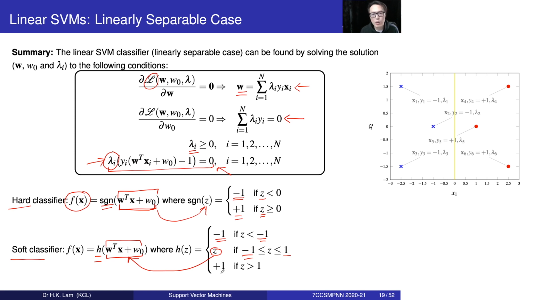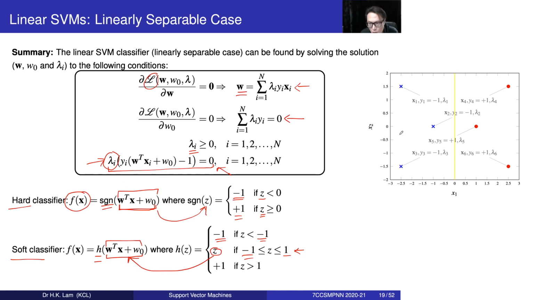That means when the z value is larger than the absolute value of 1, it will just round it off or crop it to +1 or -1 to indicate that it belongs to the +1 or -1 class. In the middle, it is just a linear function.